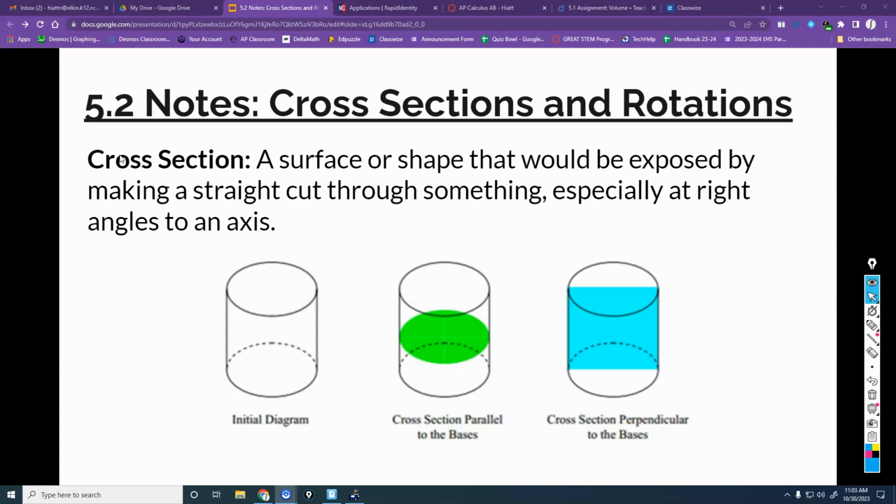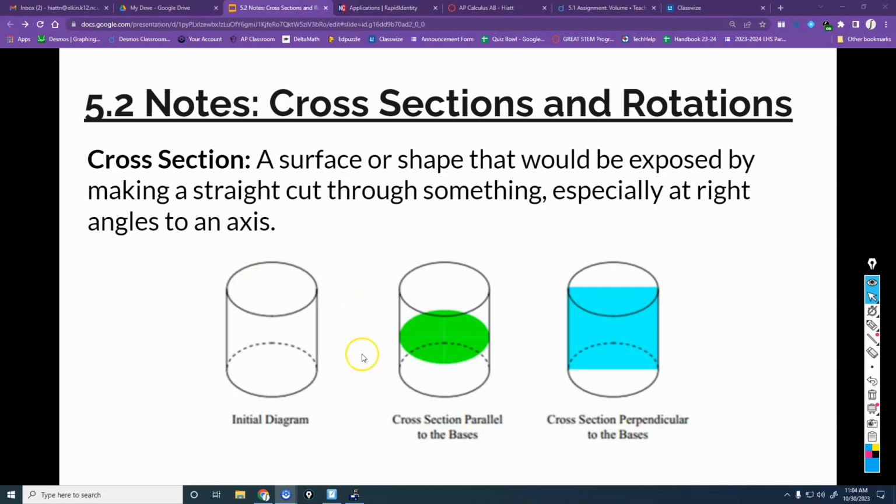So, a cross section is a surface or shape that would be exposed by making a straight cut through something, especially at right angles to an x-axis. For example, to start with one that's pretty straightforward, if I had a cylinder, I could cut it several different ways.